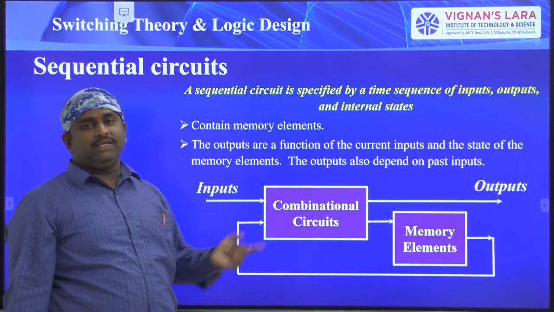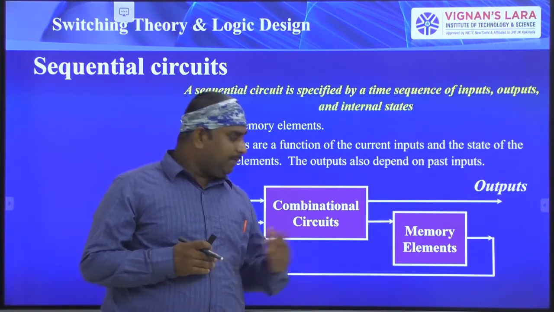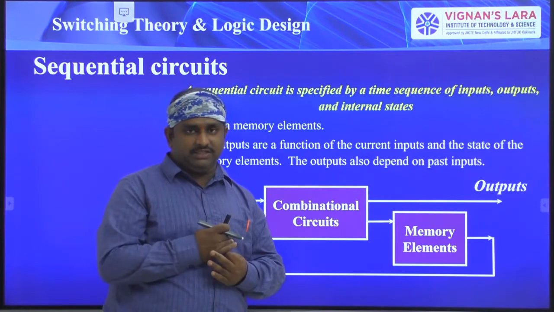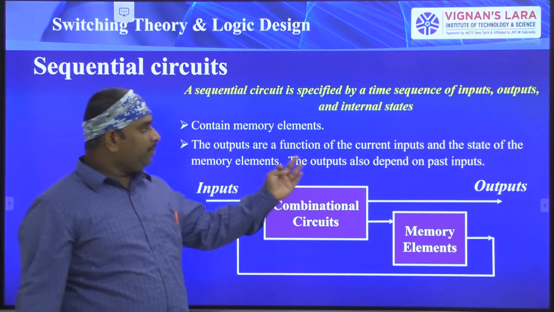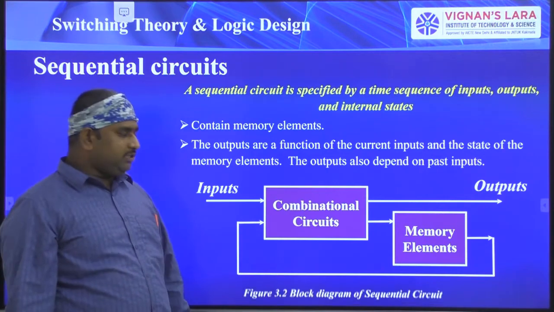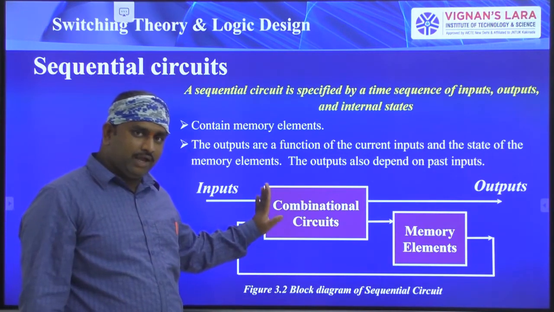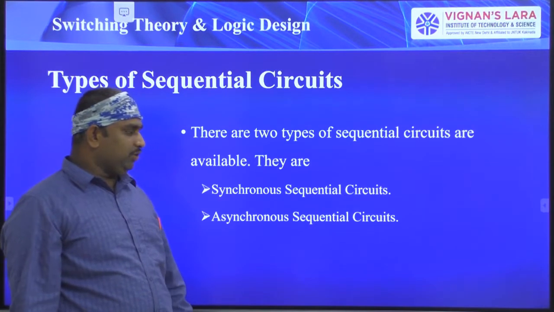Memory elements are nothing but flip-flops and latches. The output also depends upon the past inputs for some time. So this is the generalized block diagram for the sequential circuit.